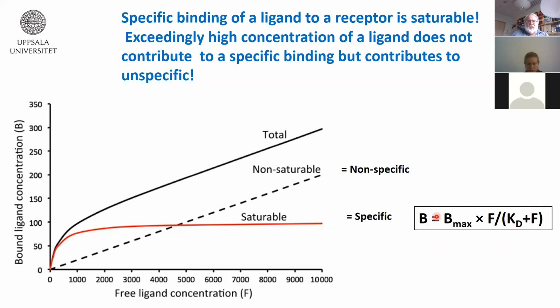So the binding of a ligand to a receptor is described by the equation that B, which means bound ligand concentration, is equal to Bmax, the number or concentration of binding sites, multiplied by the ratio of free ligand concentration over the sum of Kd and free ligand concentration, where Kd is the apparent dissociation constant at equilibrium.